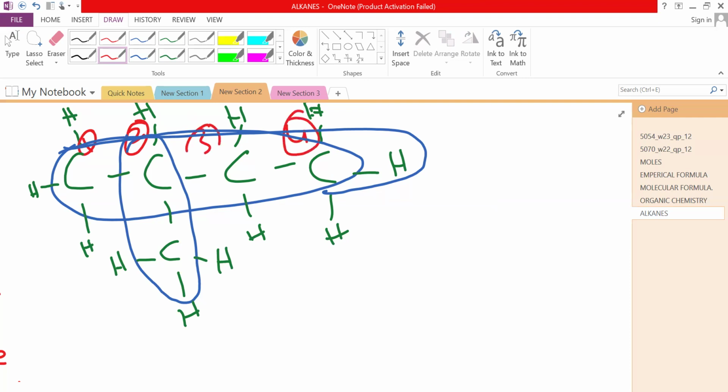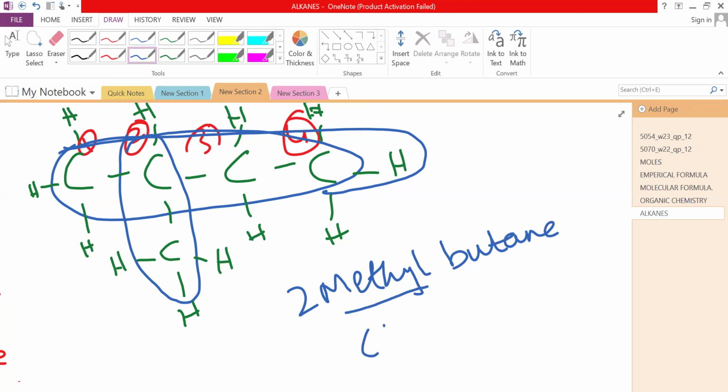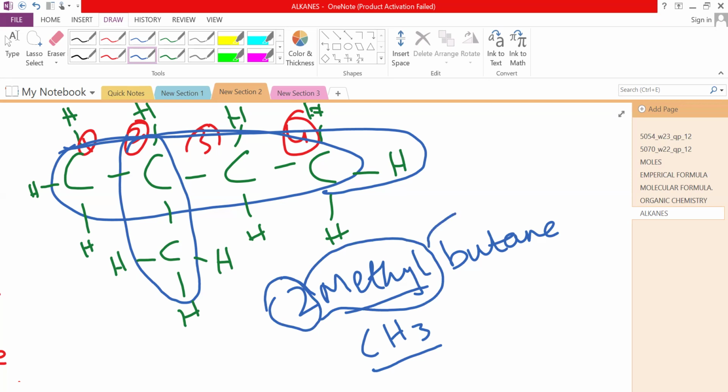So let's name it. It would be 2-methylbutane. It is methyl because it has 3 hydrogens. This is the position of the branch. This says whether it is methyl or ethyl, whatever. And this is the number of total carbons in the structure.